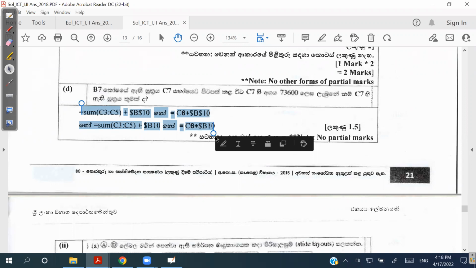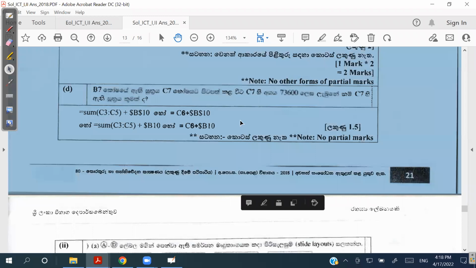Now, according to this question, 350 is going to be there alone. So any answer from these four formats will give you the marks. If you have any alternative answers, just let me know. Then I'll go through and tell whether that can be taken or not.